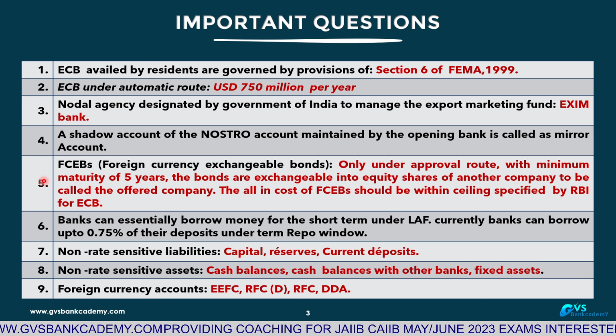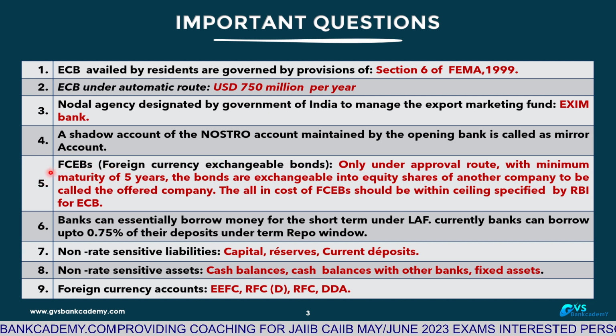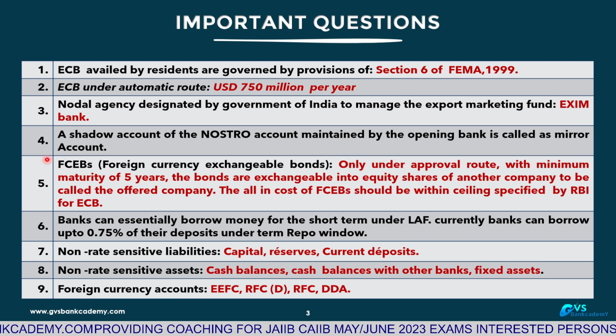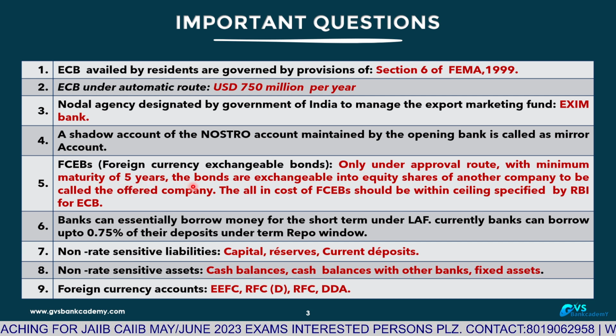Question number 5. Foreign currency exchangeable bonds. These bonds are issued under only the approval route, with permission from RBI and government, with a minimum maturity period of 5 years. These bonds are exchangeable into equity shares of another company.